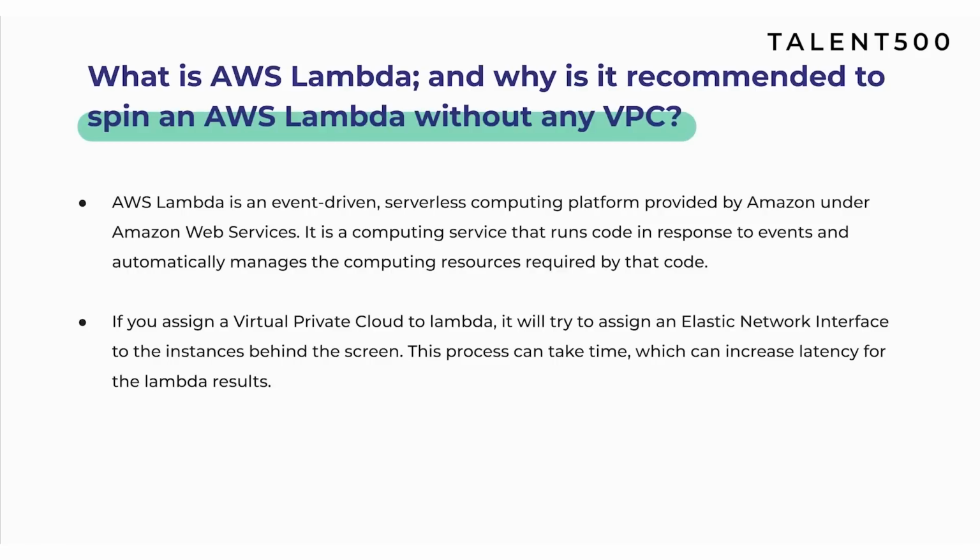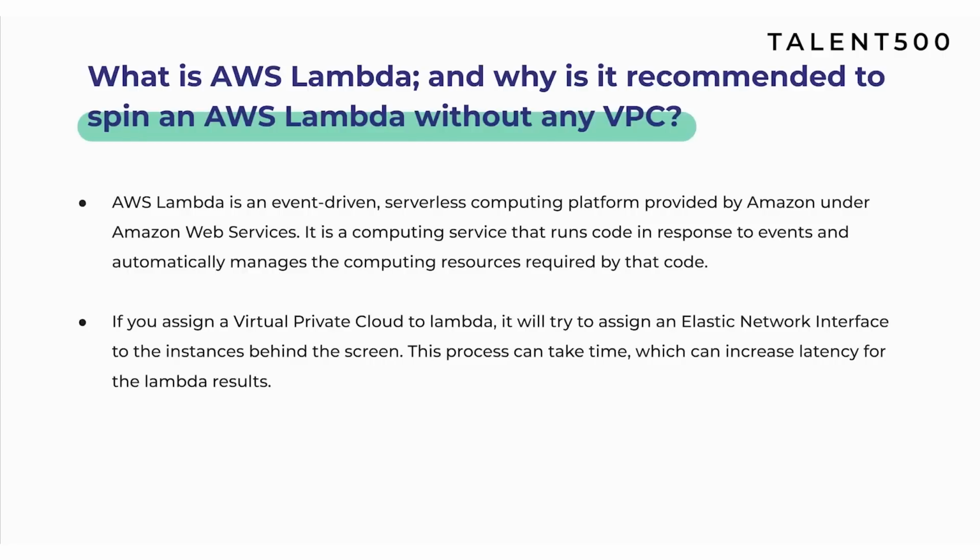Now when there will be more events, it will require more compute. As soon as the events get reduced, the AWS Lambda manages the resources automatically and makes the not consumed resources free. So basically it automatically manages the computing resources required by that code.